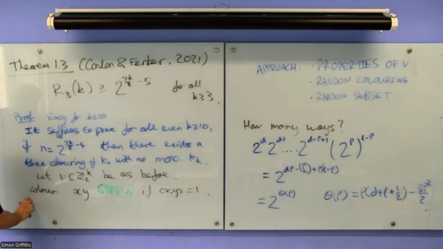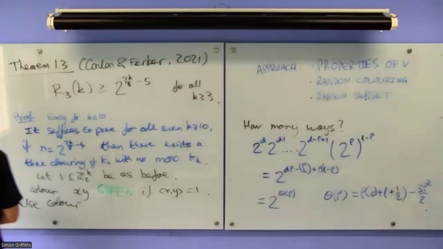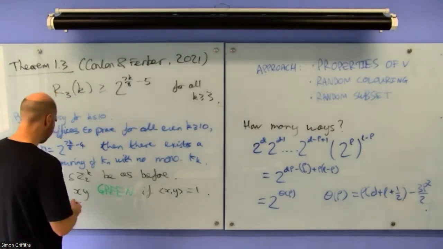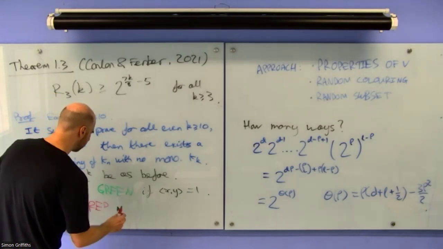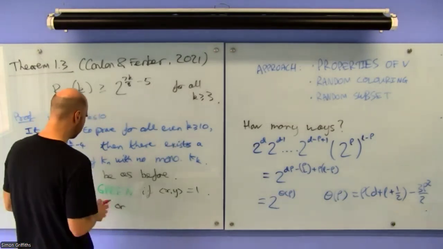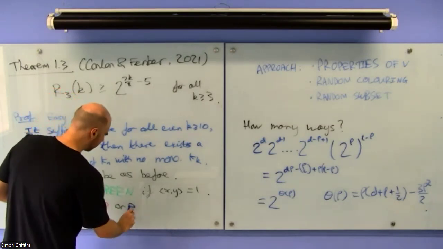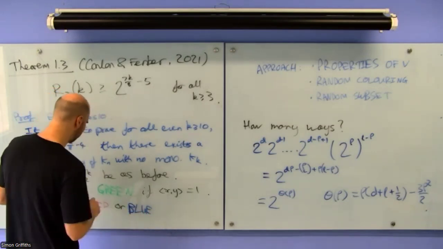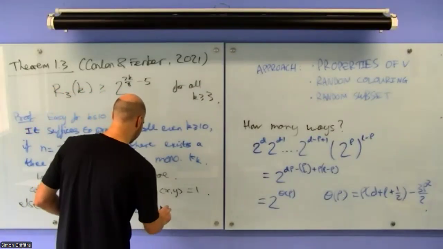Otherwise, in other words, if your inner product is 0, colour red or blue, independently with probability a half, colouring the edge red or blue as usual.